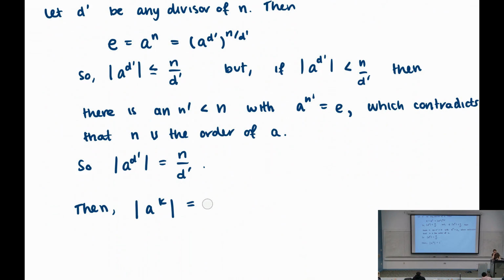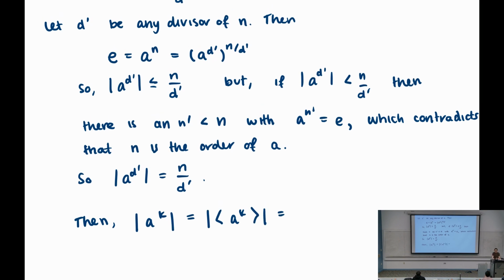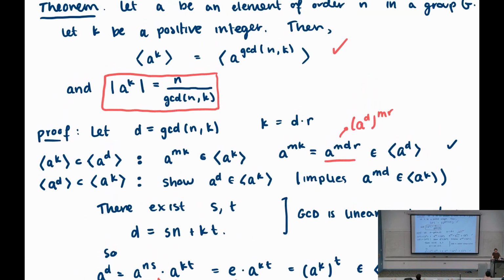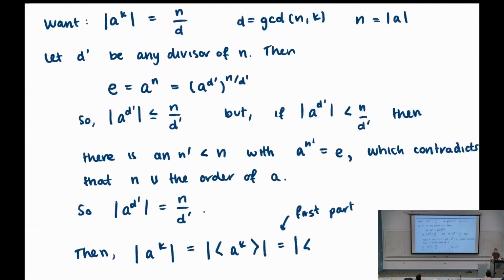Okay, right. So we had this corollary, and by the first part of this theorem, this is equal to the group generated by a to the GCD.